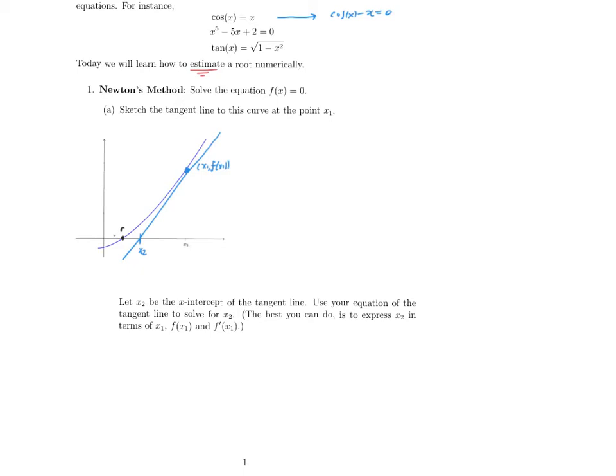And note, this isn't something we can solve for exactly in terms of a nice concrete number. It will, of course, depend upon x1, f of x1, and the slope of this tangent line, f prime of x1. And also keep in the back of your mind throughout our discussion what x1 represents in this problem. x1 represents an approximation of the root we are hoping to find.